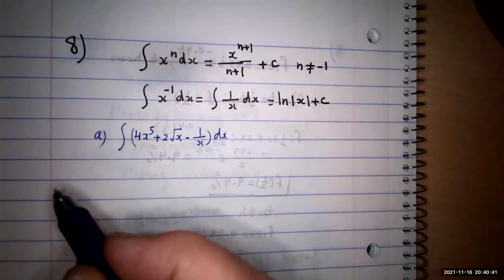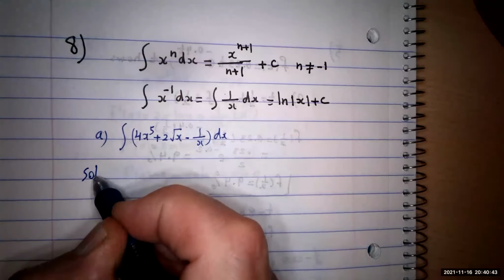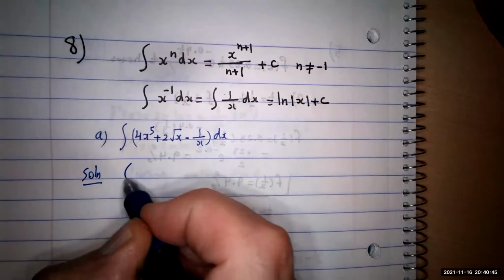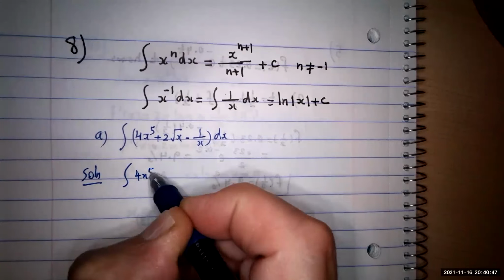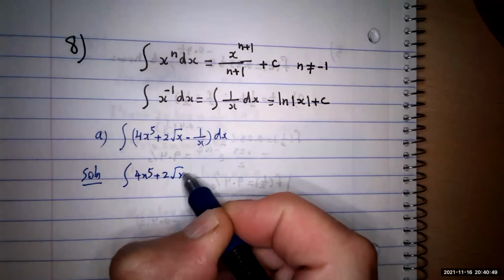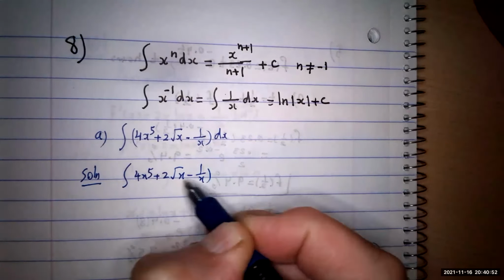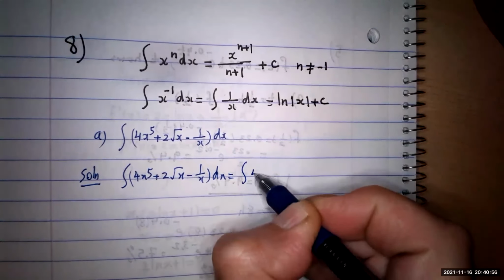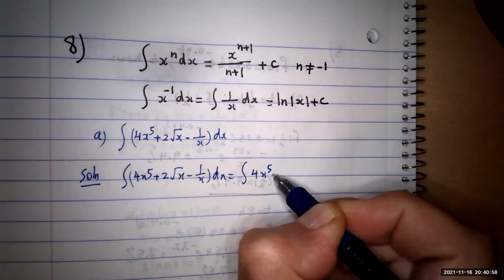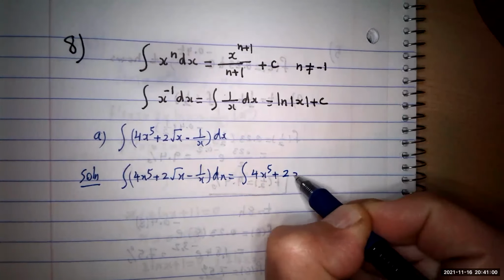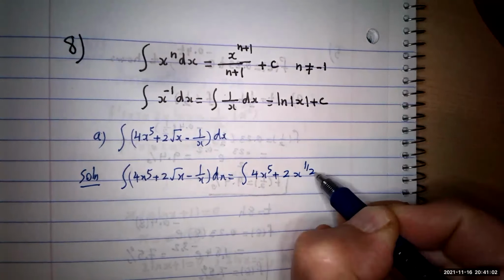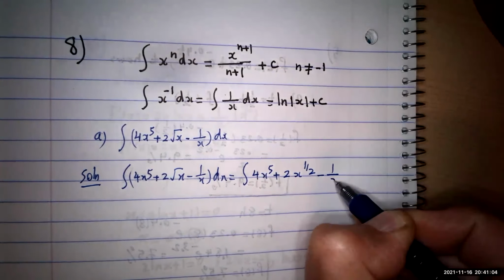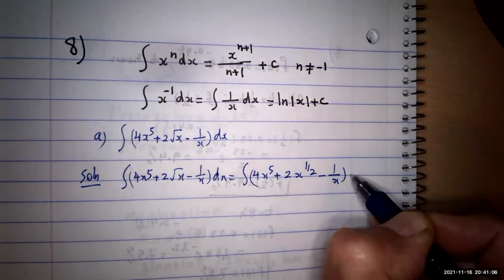Okay, so your first job is rewriting. So this is the original one, 4x to the 5th plus 2 radical x minus 1 over x. I rewrite it, you don't have to. So it's going to be the integral of 4x to the 5th plus 2 times x to the half, minus, since this is 1 over x, we keep it as is.